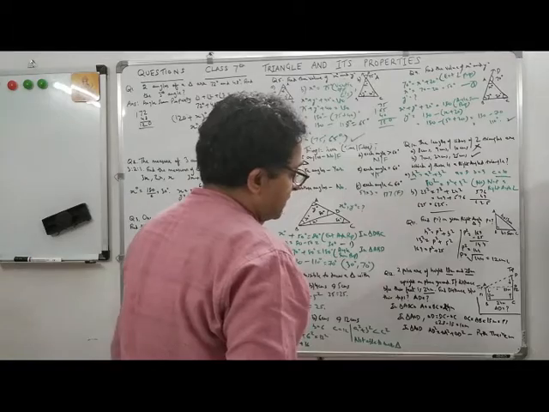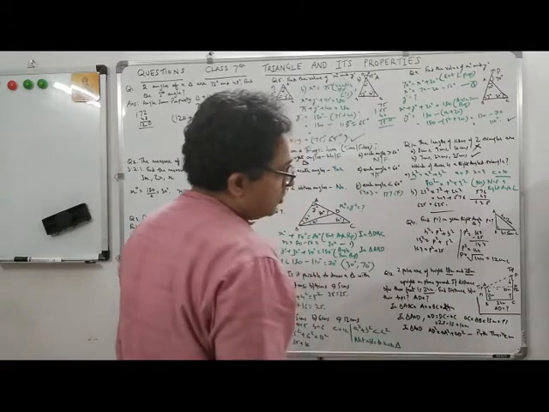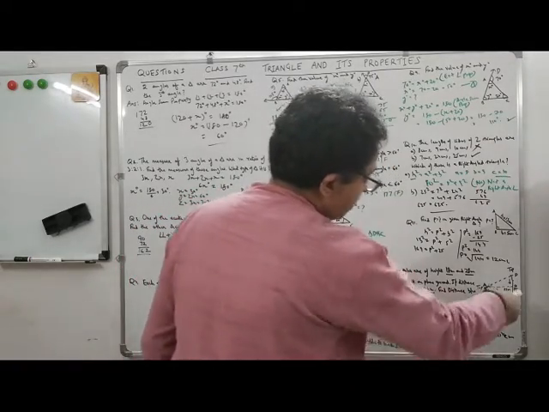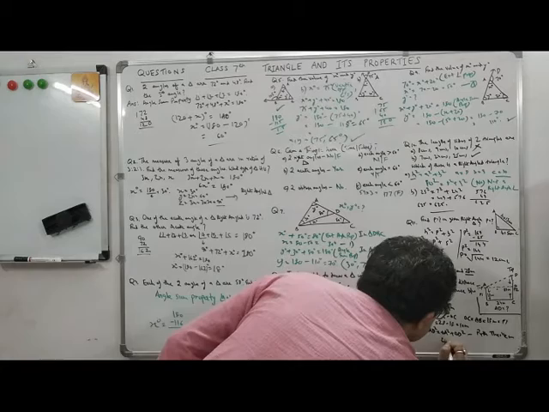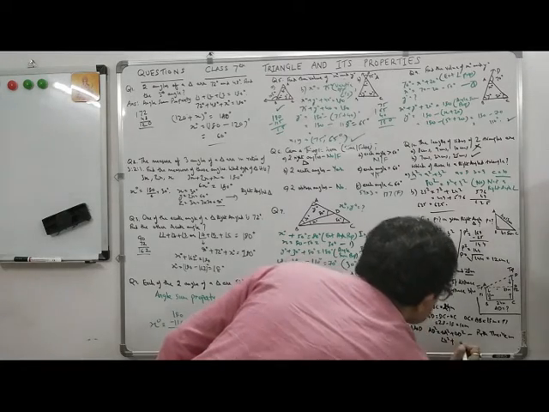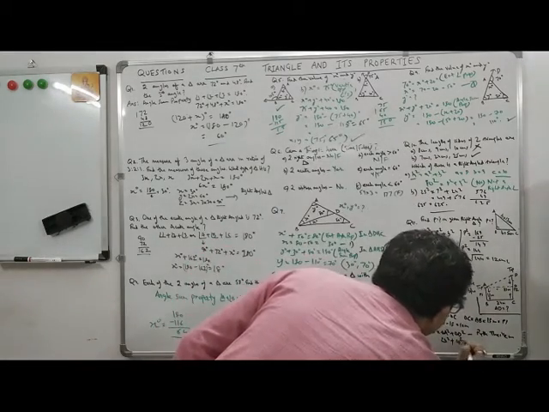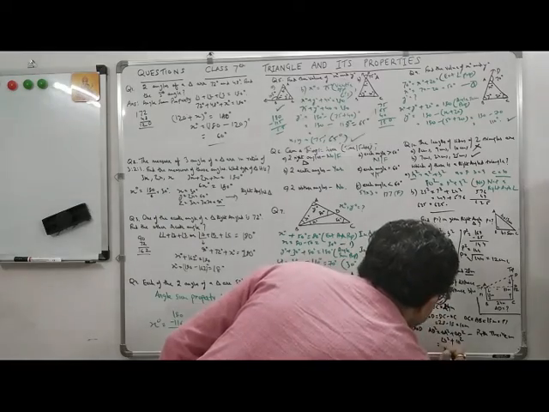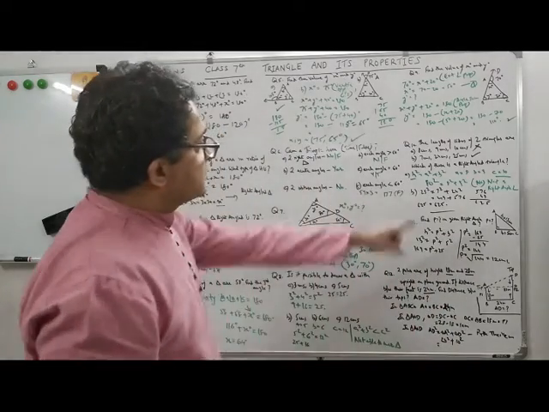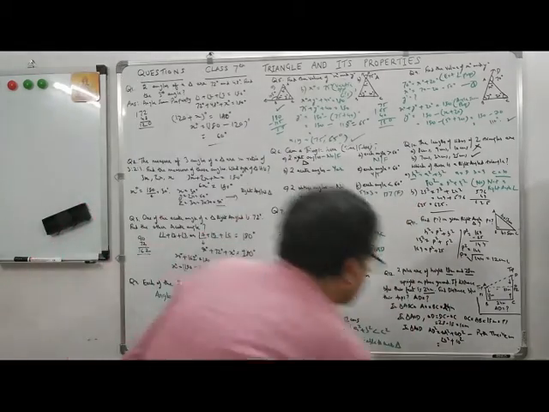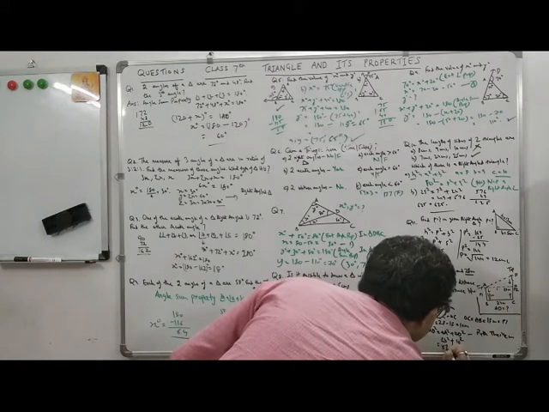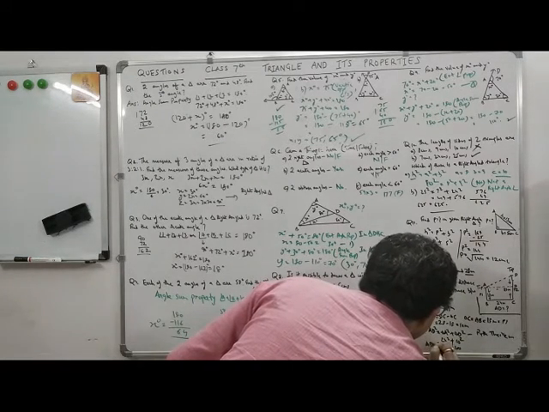OA square. What is OA? 24. 24 square plus OD square, 10 square. 10 square is 100. So 24 square, I think we did calculate 576 somewhere in this. 576 plus 100 is AD square.